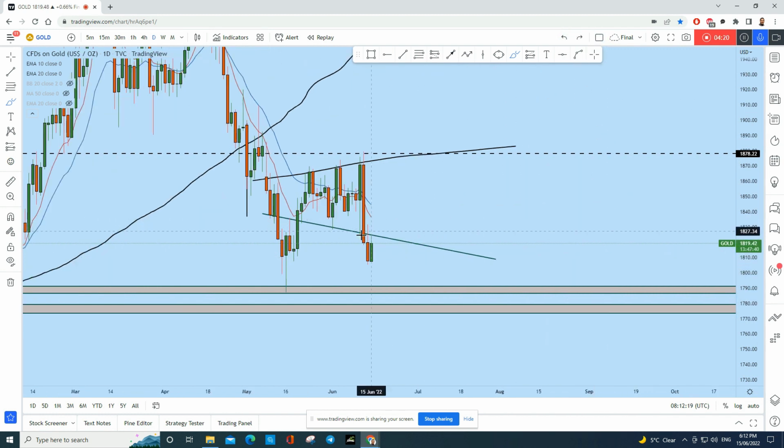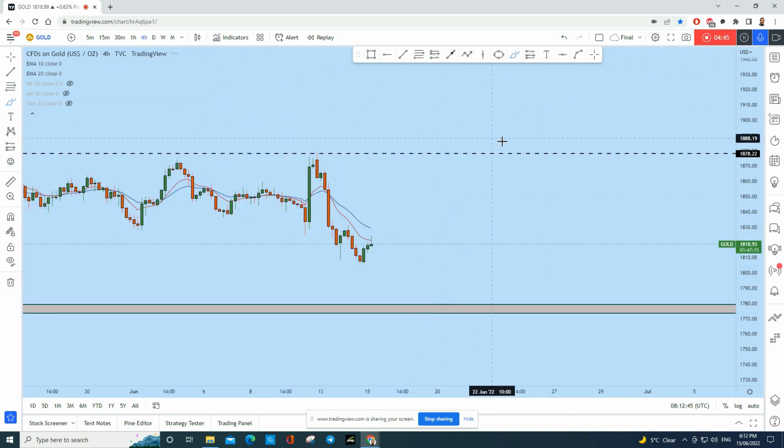So on the daily, this resistance created a false breakout. Now from this support, we see there is support here, support here, support here with this green candle. Currently today's candle is testing this previous support as a resistance, and if we find proper price action confirmation from here, we can expect to sell gold.